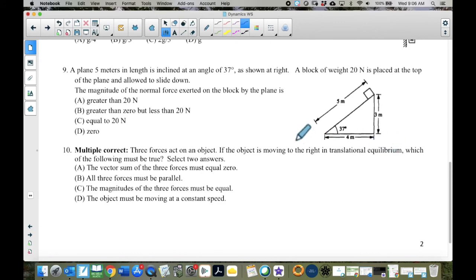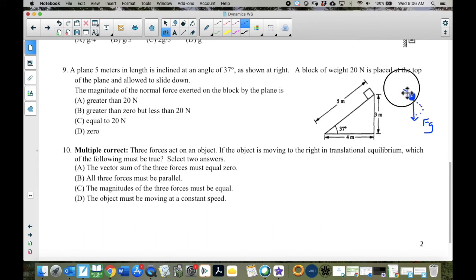Okay, number 9. Similar concept to what we had a minute ago. A plane 5 meters in length, inclined at a 37-degree angle. A box of weight 20 is placed at the top and allowed to slide down. So here we have our weight, our force of gravity, and remember that that is the hypotenuse.